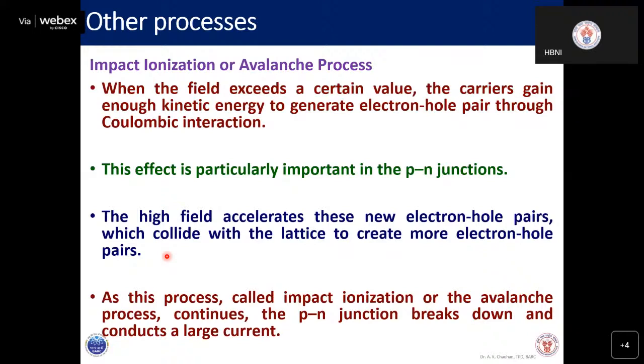So within a short period of time, you have a lot of electron hole pairs inside that material. And so if you are measuring the current, you will get a very, very high current. So as this process, called impact ionization or the avalanche process, continues, the PN junction breaks down and conducts a large amount of current.